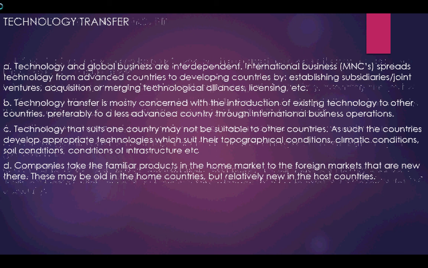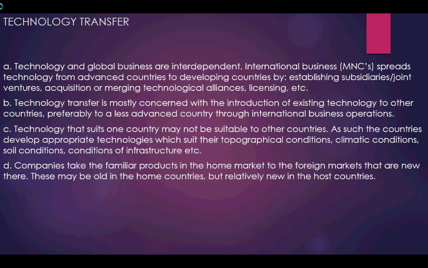So now let's understand one more important concept in the technological factors: technology transfers. Technology and global business are interdependent. MNCs spread technology from advanced countries to the developing economies by establishing their subsidiaries, joint ventures, acquisitions, mergers, licensing and technological alliances.